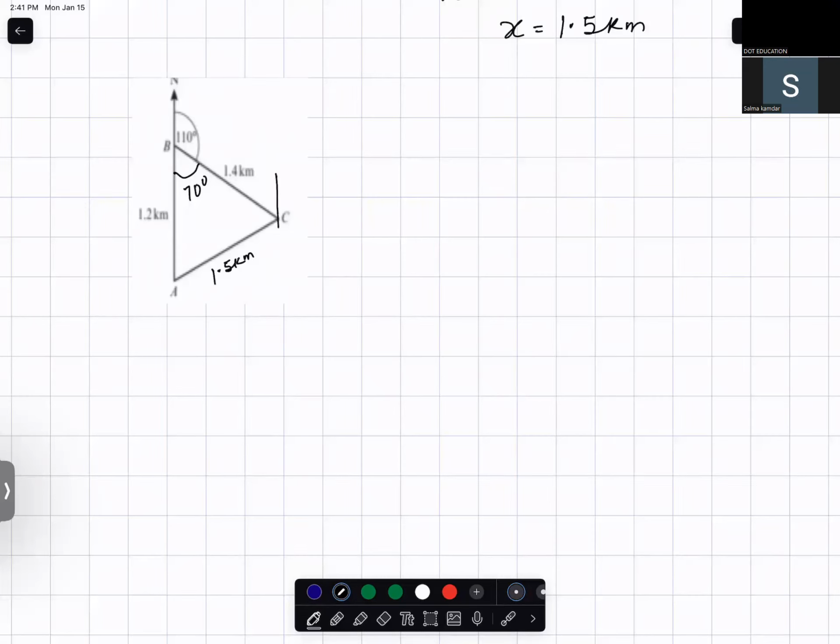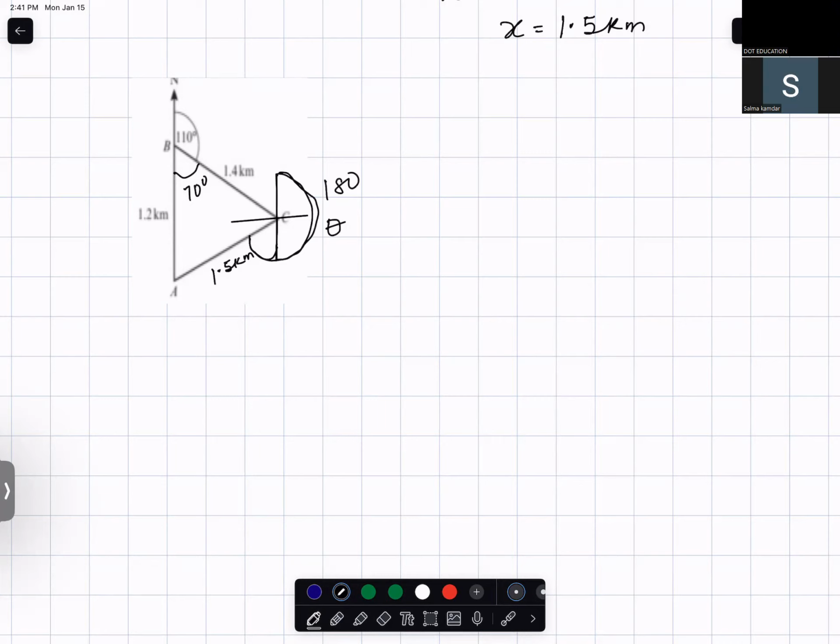So this is the bearing of the hut from C. I'll draw my cardinal point at that point here. I'm looking for that angle theta, from here to here. We already know that from here to this point is 180 degrees. So when you find the other value here, adding it to 180 will give you the bearing from C.